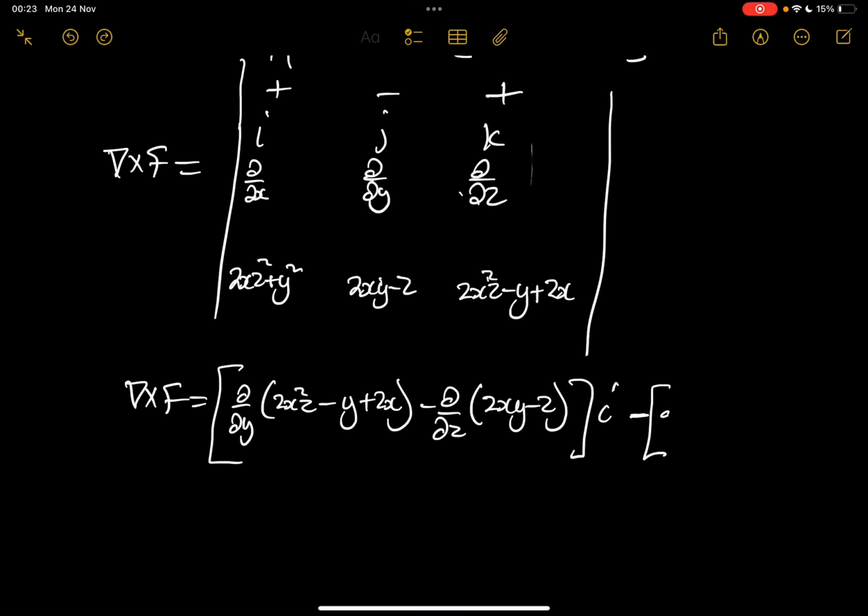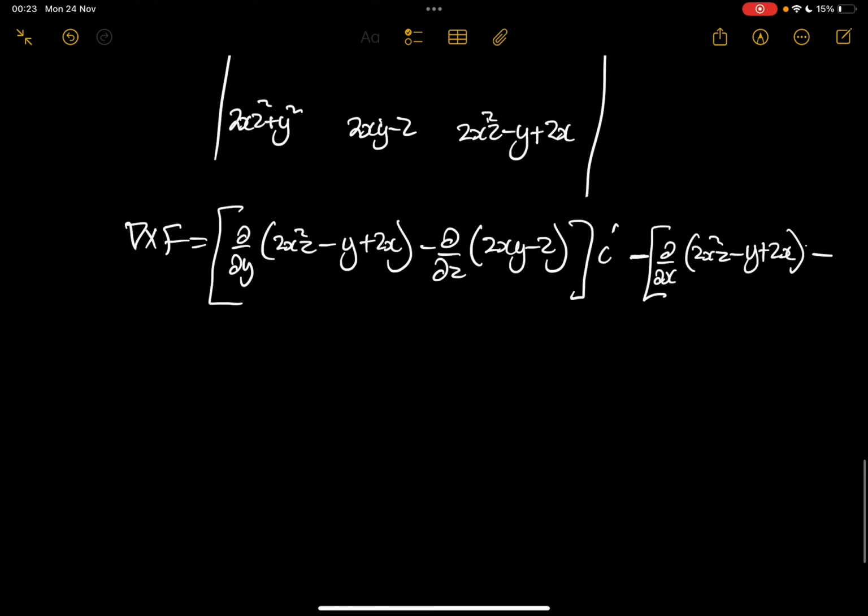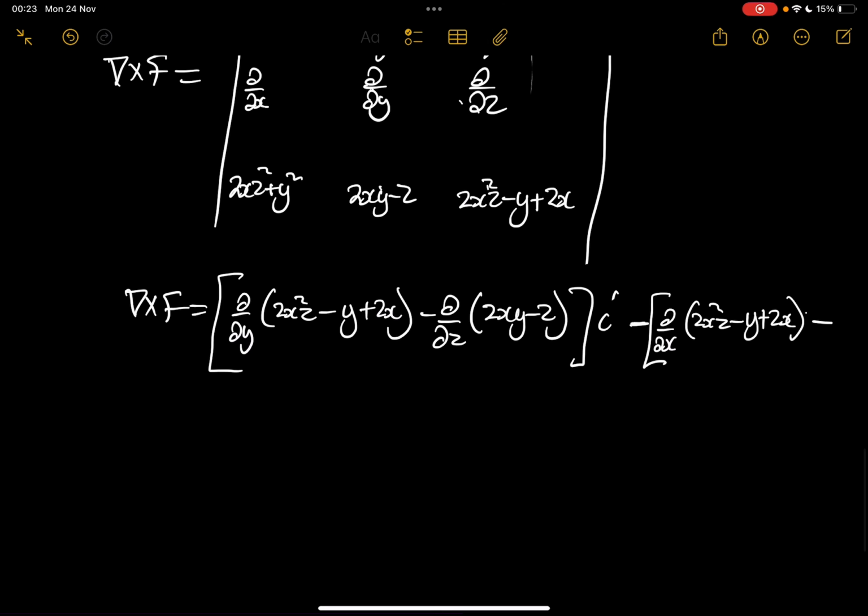So this is minus, so we are going to have del x of (2x squared z minus y plus 2x) minus del z of (2xz squared plus y squared), and then plus.